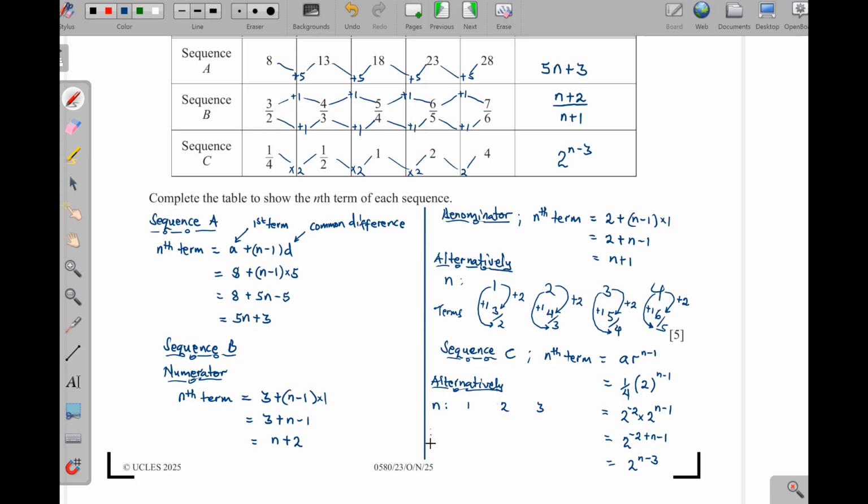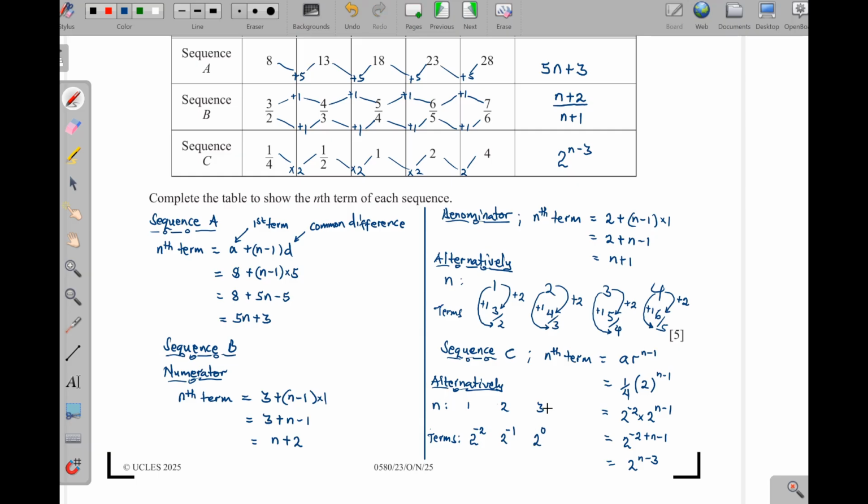Then we have the terms here. And in the terms, the first term is 1 over 2 squared. Are we there? Which is the same as 2 power negative 2. Then this one is 2 power negative 1. Then the third one here, it is 1. That is 2 power 0.